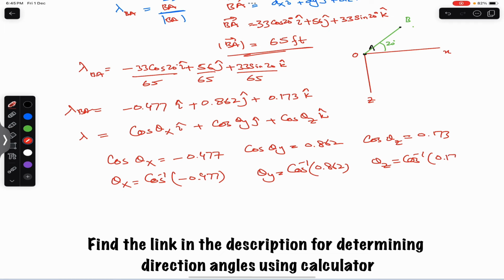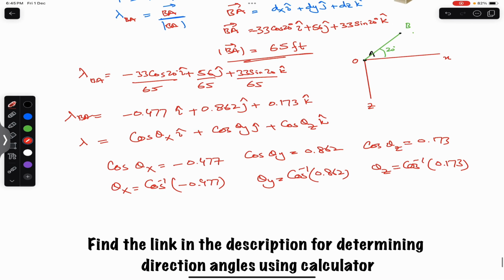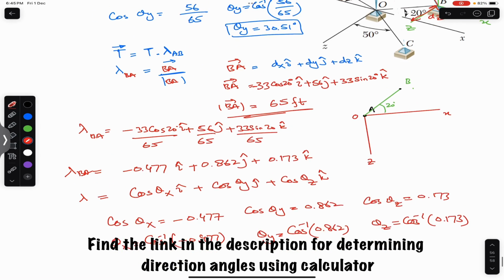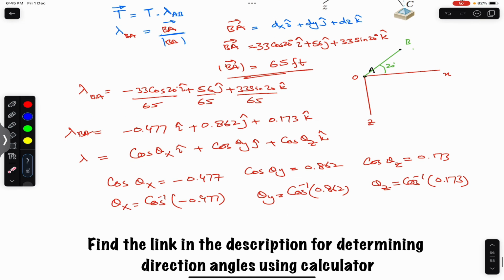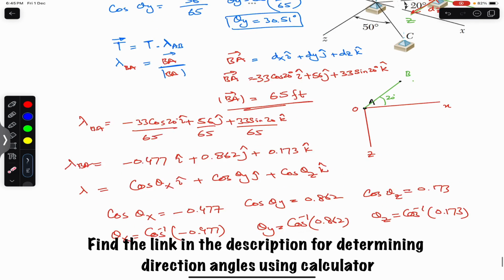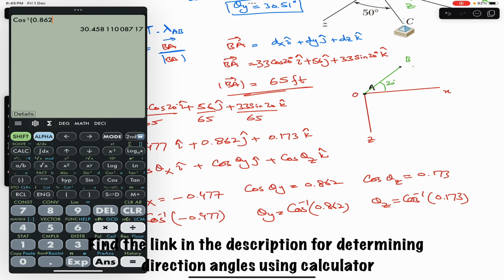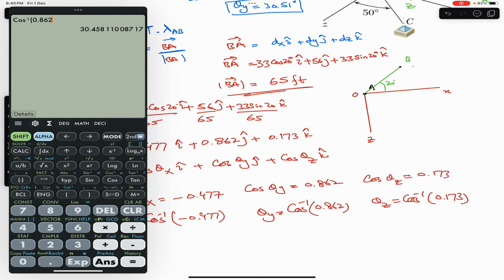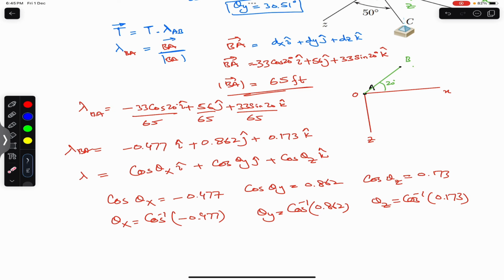So this will give us theta x, theta y, and theta z. We know theta y already. Theta y is 30.51 degrees, and this must give us 30.51 degrees as well. So first, let's find this: 30.45, which is approximately 30.5, right? If we take it as 0.861, then this is 30.57, which is approximately equal to that theta y. So theta y is equal to 30.51.